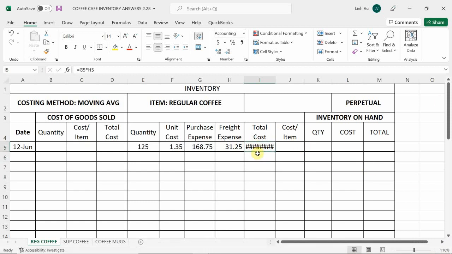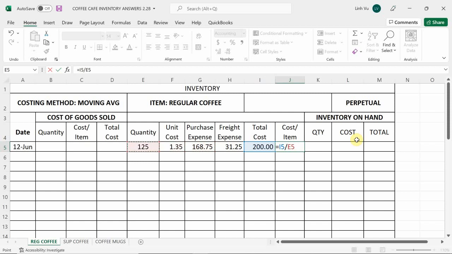I hit the wrong number. Gave me a total cost of $200. Okay, great. I know that by my ledger account. Now in this case, because I'm using moving average, that means I only have one batch of inventory. So what is going to be my average cost per item?